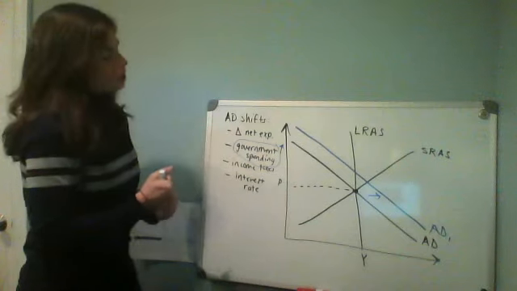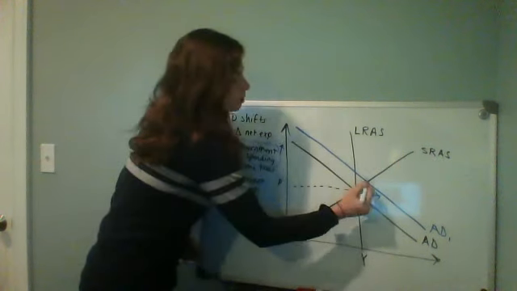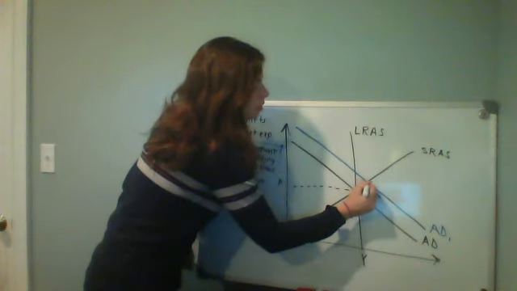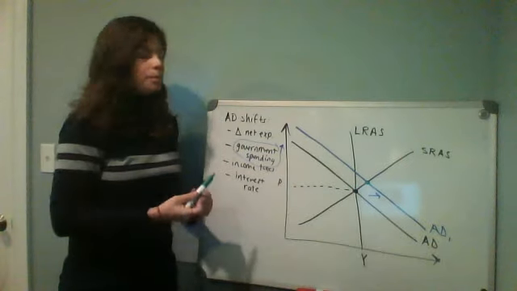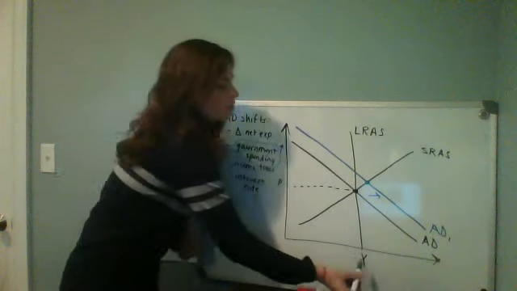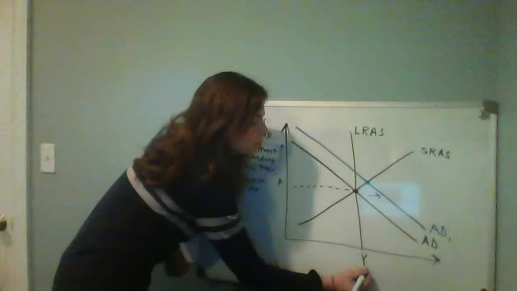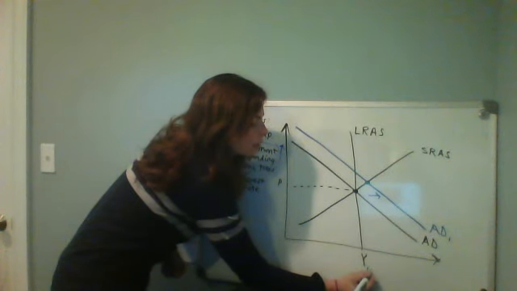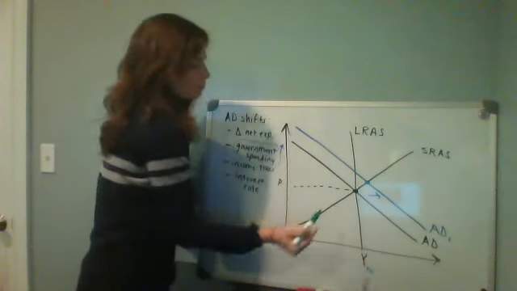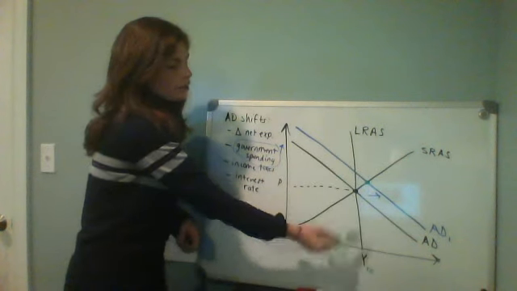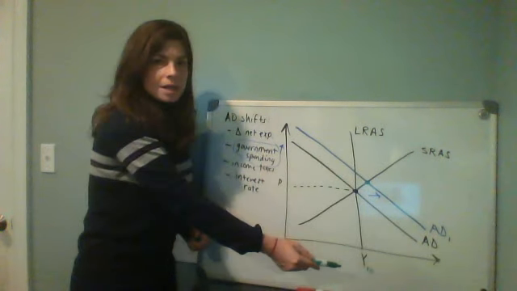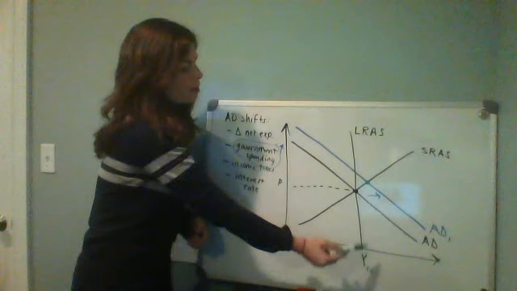Now, when it shifts out in the short run, we're able to increase our output. But this output is beyond our full employment output. So let's label this full employment output, FE for full employment. That's what our long run aggregate supply curve always equals in the classical model. It equals our full output.